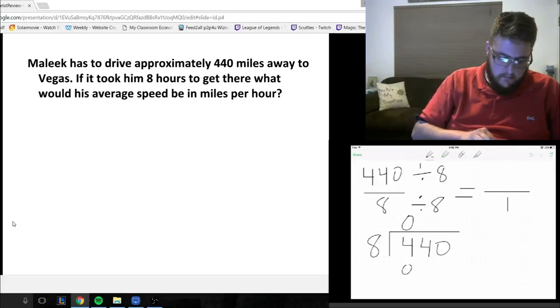So 8 doesn't go into 4, so we're going to put a 0 up there. 8 times 0 is 0. We're going to bring down the 4. 8 goes into 44 5 times. 5 times 8 is 40. Let me give myself a little more space here. So we're going to subtract 40 from 44. That's going to leave us 4.